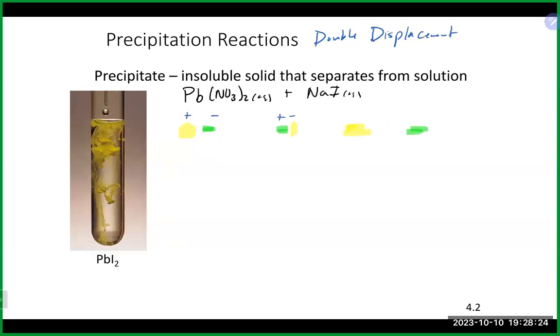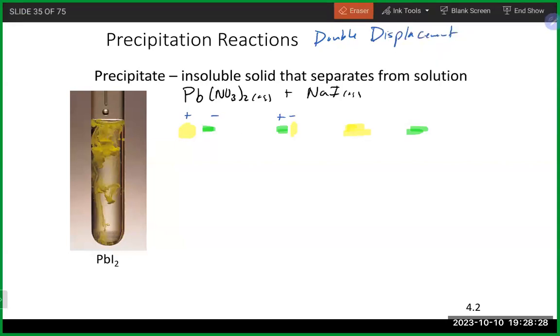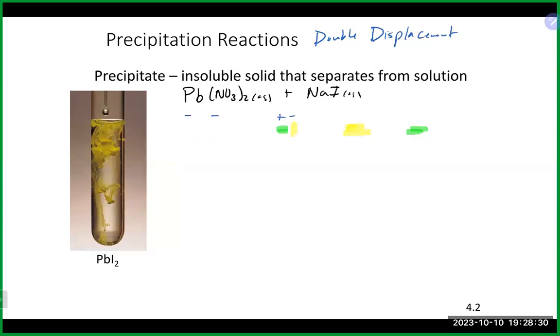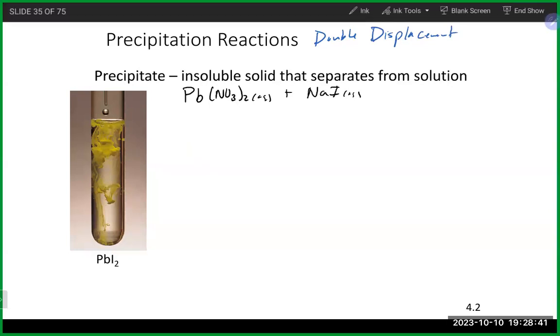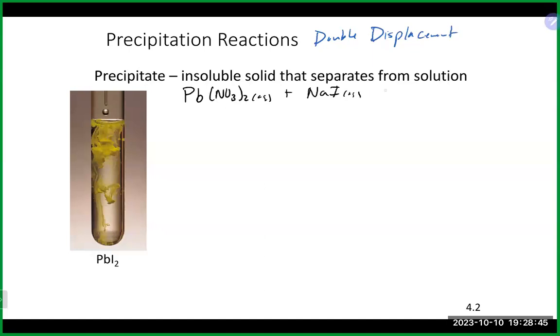It was good. So let's say we had these two things and we wanted to figure out what goes on the other side, right? So earlier I was saying that you want to make sure that you get the correct formulas down, and you don't want to worry about the balancing.